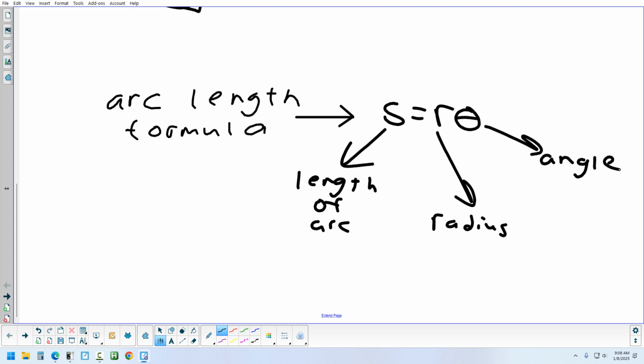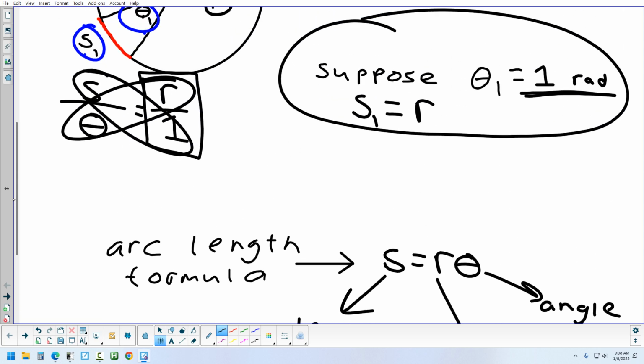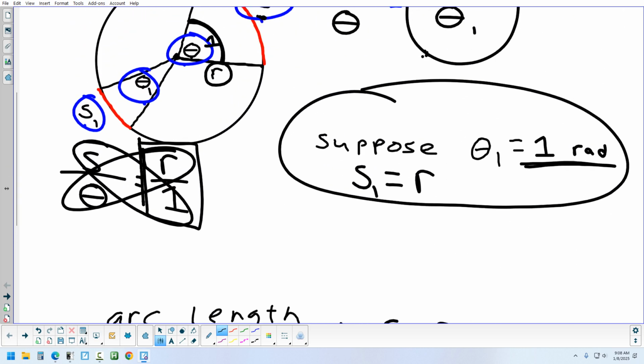But we've got to be a little bit careful with the angle in that formula, because when we set up our true fact on the right side, what did we assume about the angle? Yeah, it will always be positive, in this case.